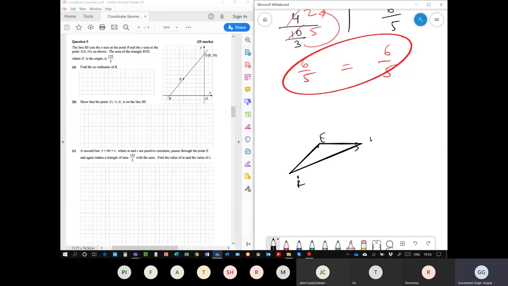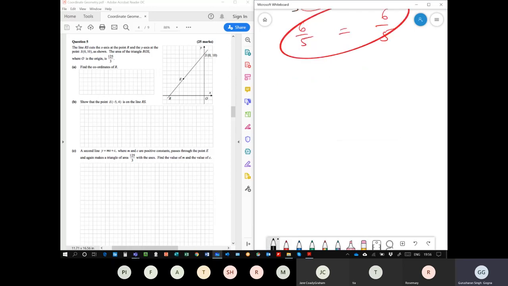But in this case, because the slopes are same, it means E is on the line. So this is another way of proving that the point is on the line. Obviously, if they give you the equation, the best way to do that is just substitute the point. But you don't have the equation, so that's why you have to find out this way. Okay. So both concepts are important because it depends on the question.